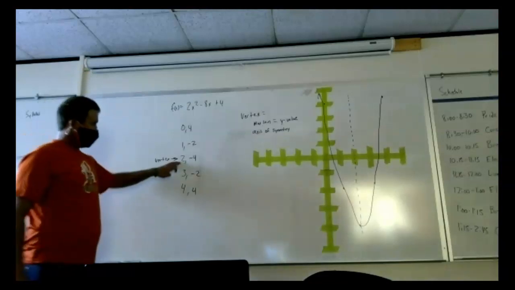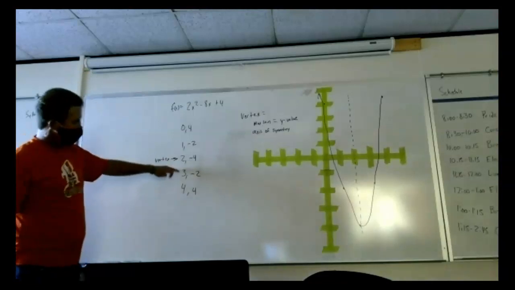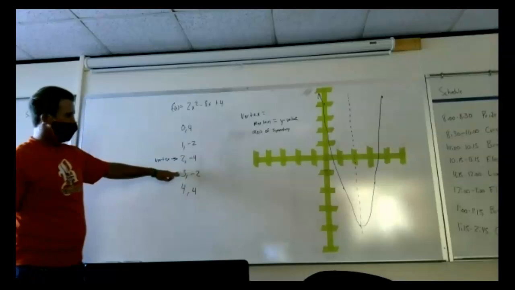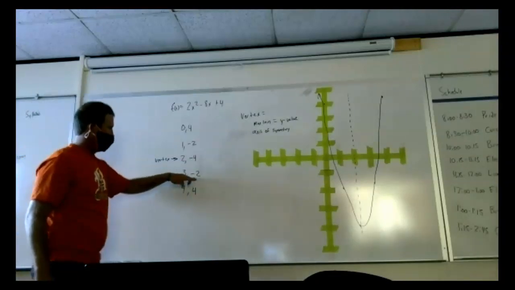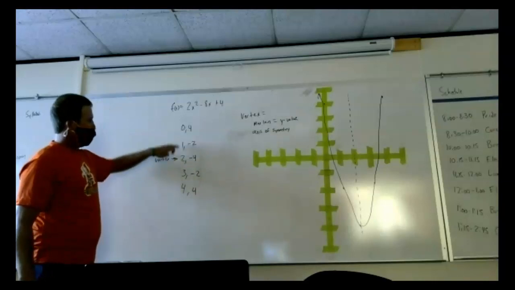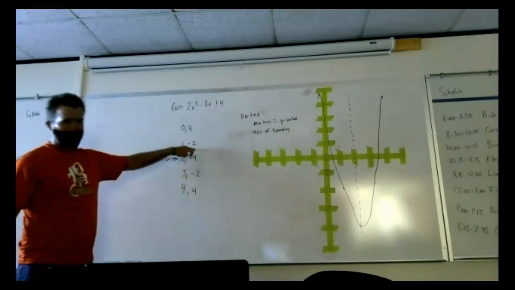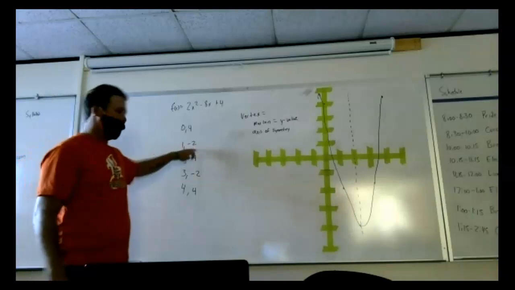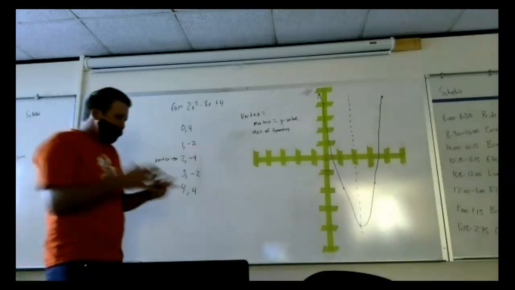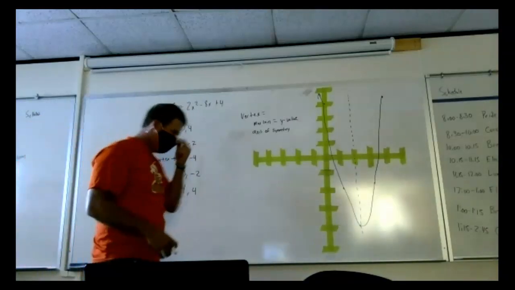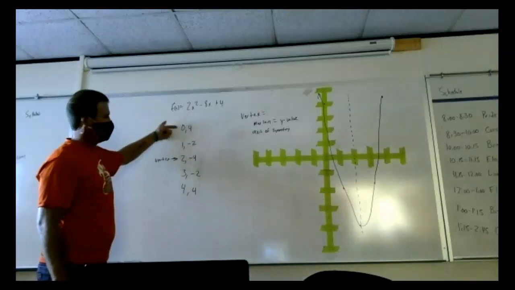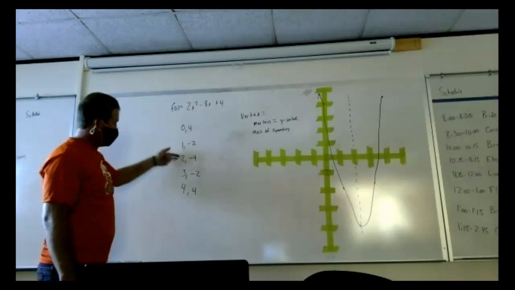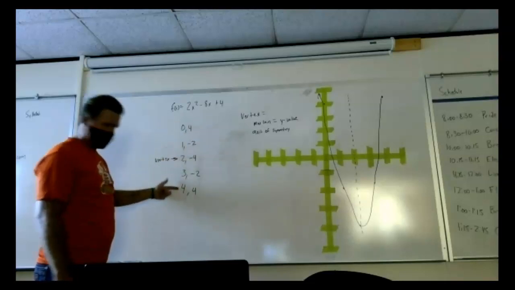So since our vertex x value is 2, if we were to go 1 unit right, that would be 3. You can see we have the value of -2. If we go 1 unit left, we also get the y value of -2 because they're equal distance away from the vertex. We take 2 spots left, we get the point (0, 4). And if we go 2 spots right, we get the point (4, 4).